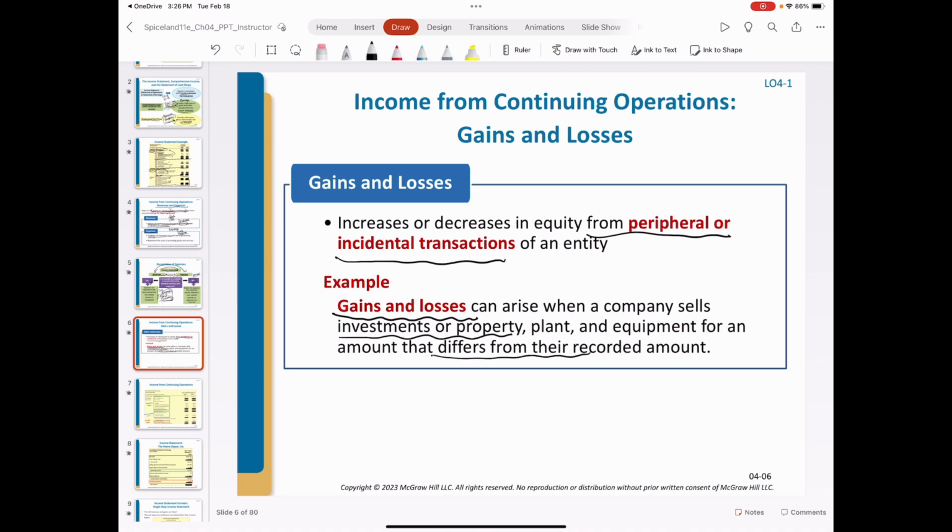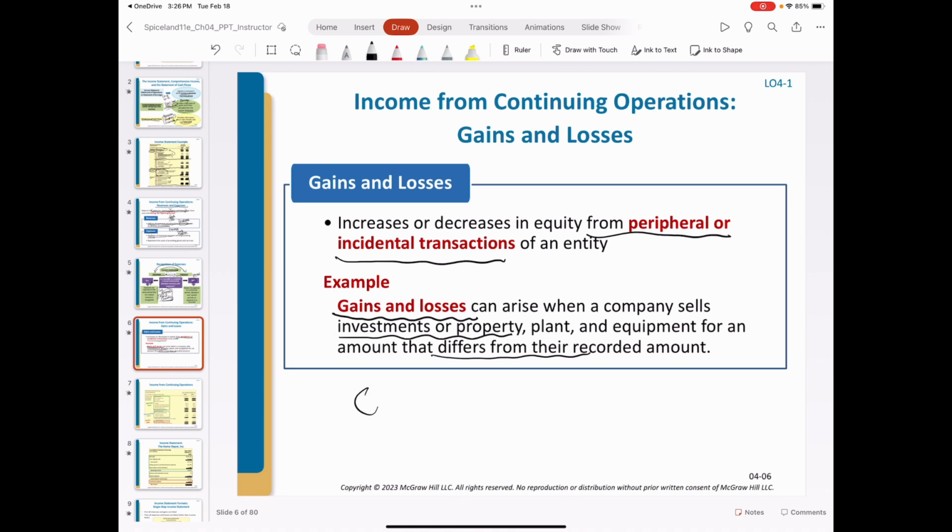So the company recognizes gains and losses from these activities. But the sale of these assets or the settlement of the liabilities is not the company's core or major business.